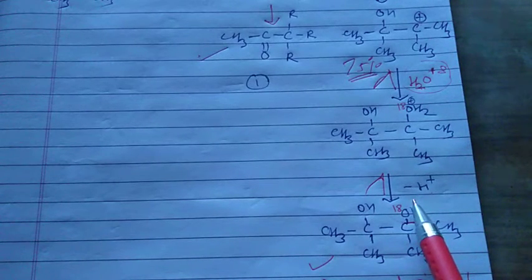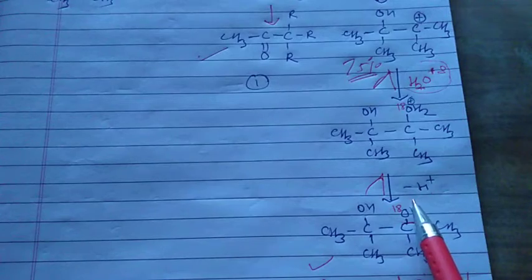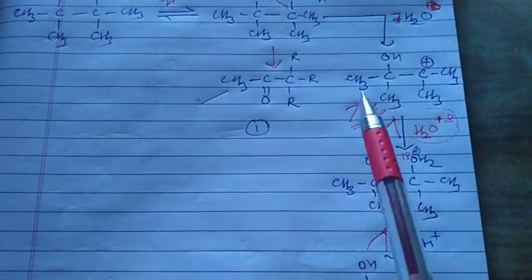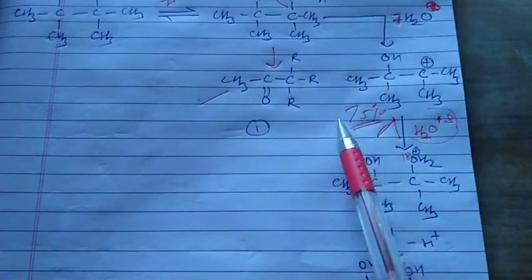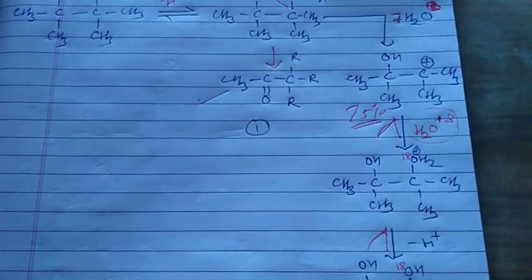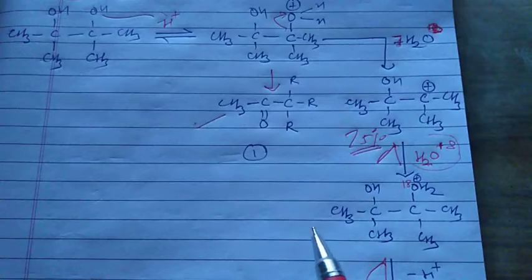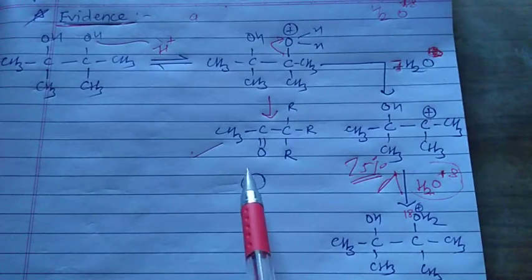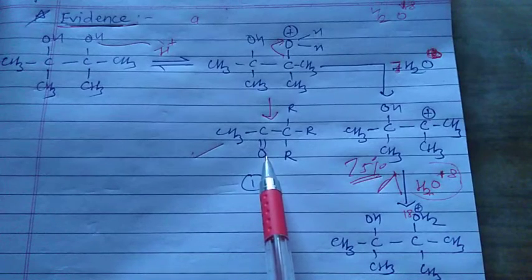That means this is the evidence for the formation of the carbocation. About 75% of the reaction goes this way, and in the remaining 25% there is a formation of the pinacolone, the ketone.